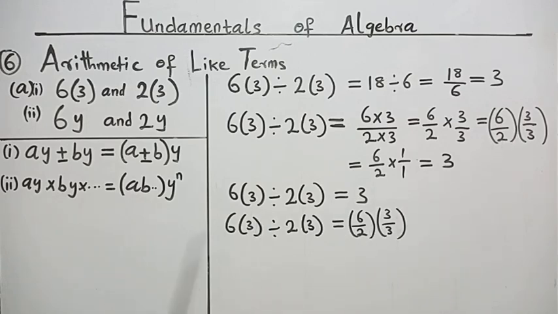Now, with pure arithmetic, in which there is no variable, both this and this are possible. But when we begin to carry out this number operation of division with algebraic expressions, this first one becomes impossible since we don't know what that variable is. How?